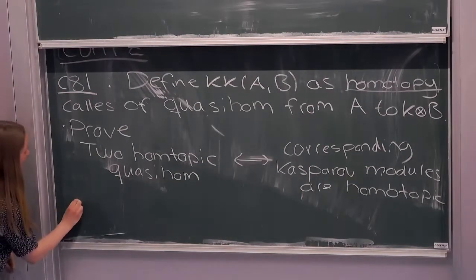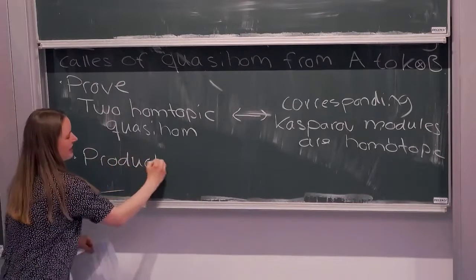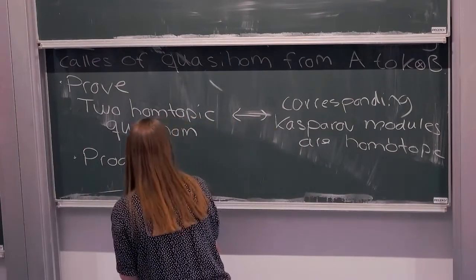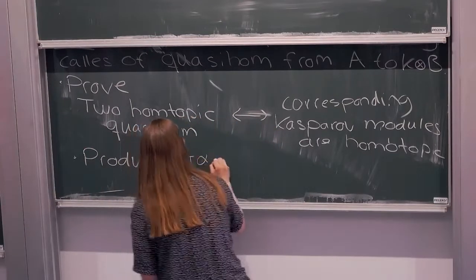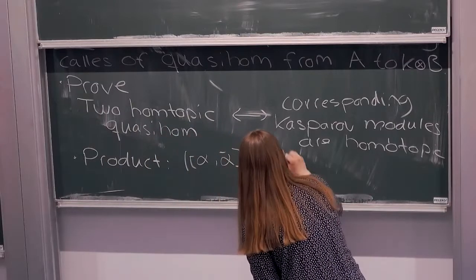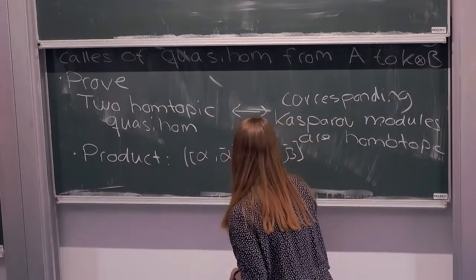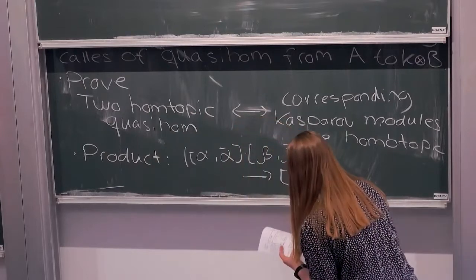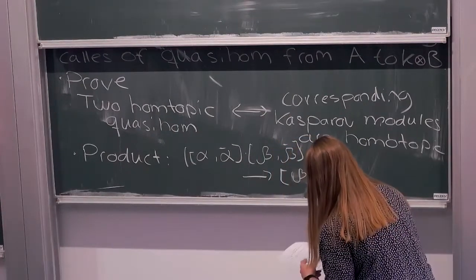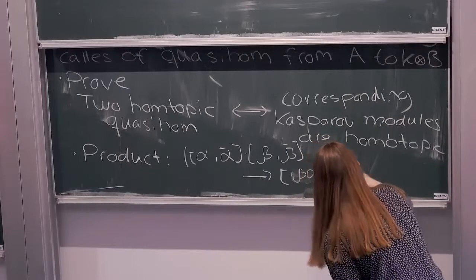Here let me say that the product has some technicalities. If you have two of these, with beta bar, and then take the product, we get some alpha beta, beta alpha, and then a certain beta alpha bar.